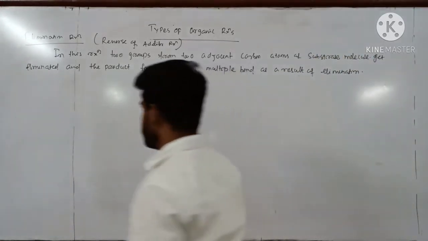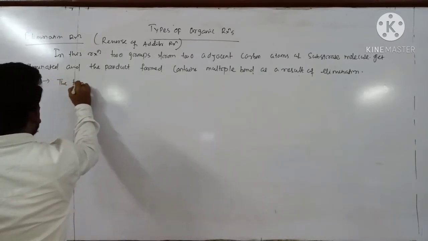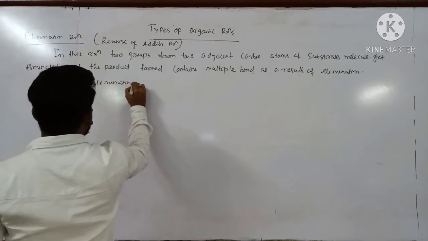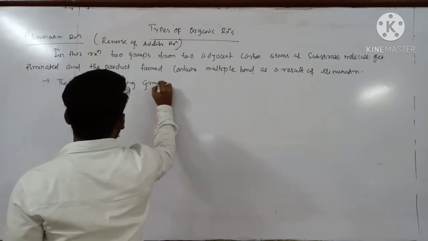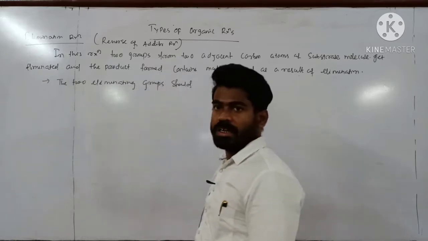Next, very important point, the two eliminating groups should be anti to each other. Anti means opposite.